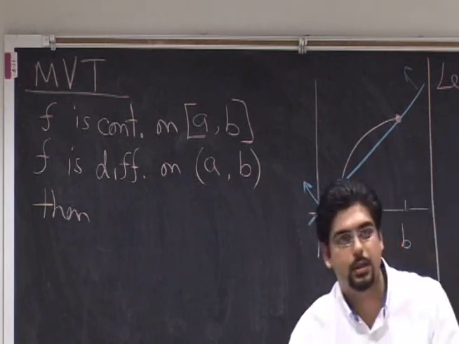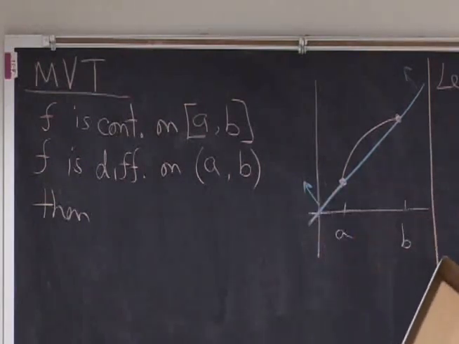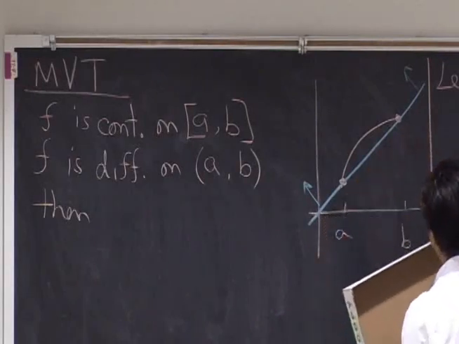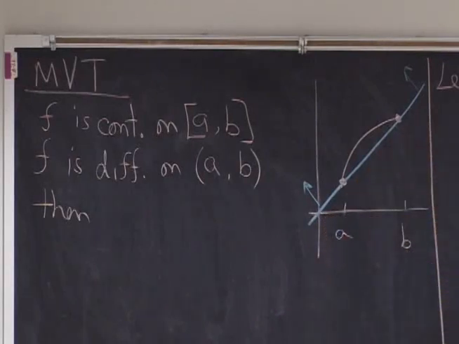So that's why I brought this box. I hope it actually serves a purpose here. Let's see if we can do this. There's something special about that tangent line over there.